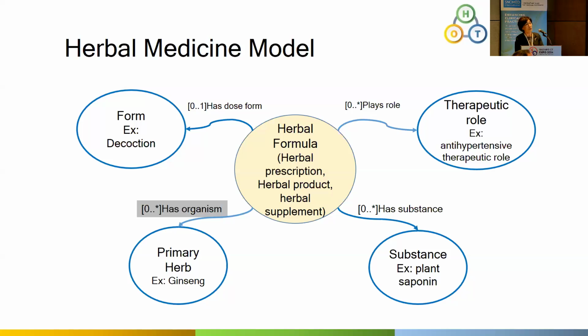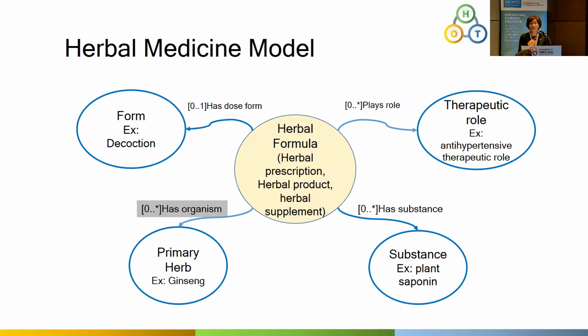So here I have relationships among all these components. In the middle, I have herbal formula. It could be herbal prescriptions or an herbal product coming from a company or an herbal supplement. And this herbal formula can have more than one primary herb or can have substance extract from a plant.